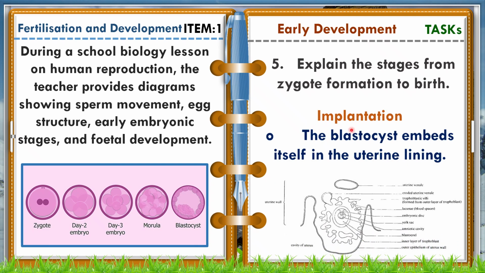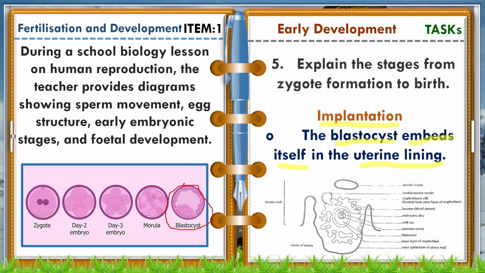Let's look at implantation. The blastocyst embeds itself in the uterine lining. So we ended up forming a blastocyst.